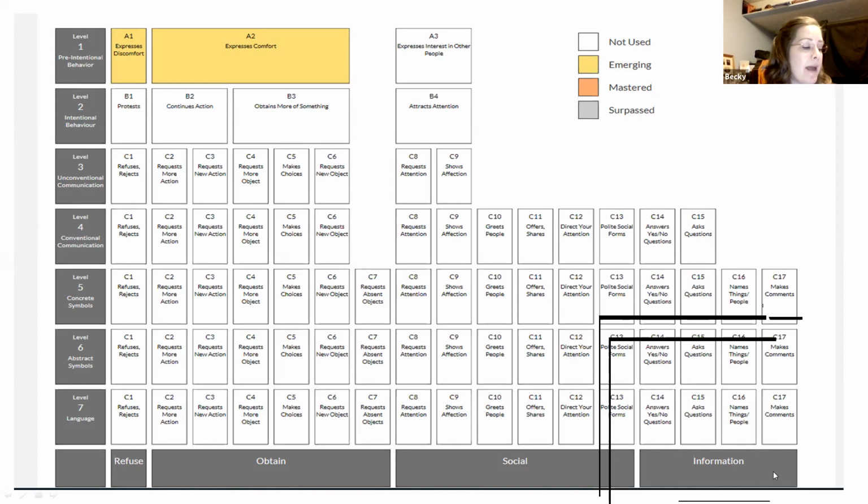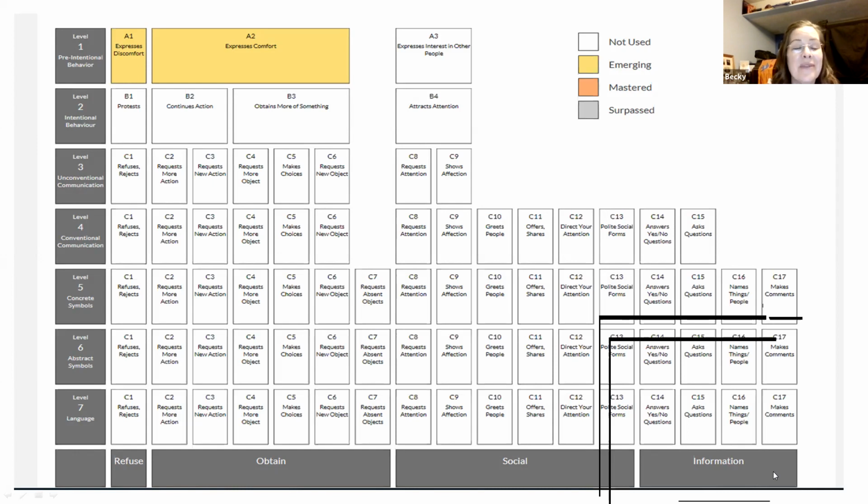When we get to level 5, we're thinking about symbols representing or standing for something else. So we're now beginning to really see where we can use these concrete symbols to represent something else. So if we just take one step back for a second and think about our students needing to be at a level 5 before we really introduce the symbol calendar, the calendars and the schedules, we will use these concrete symbols. And so we can extrapolate, right?